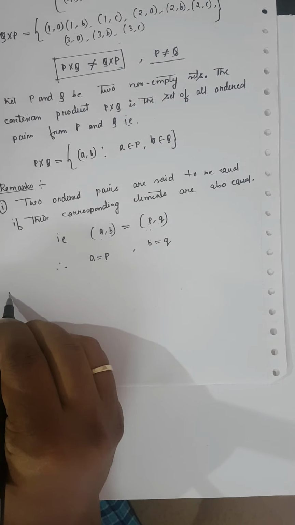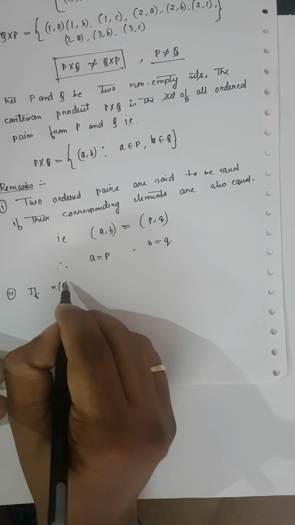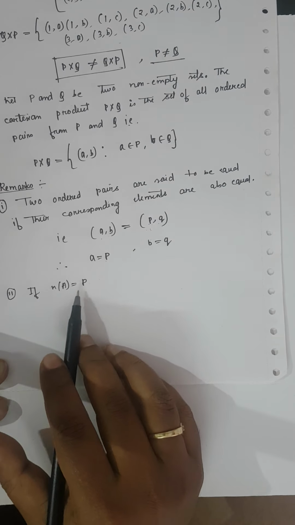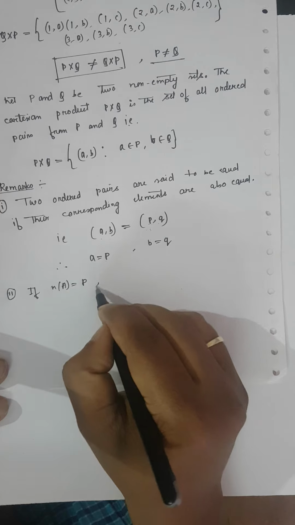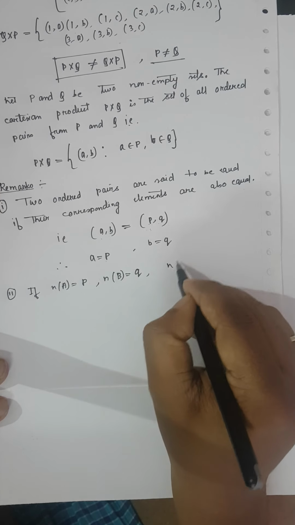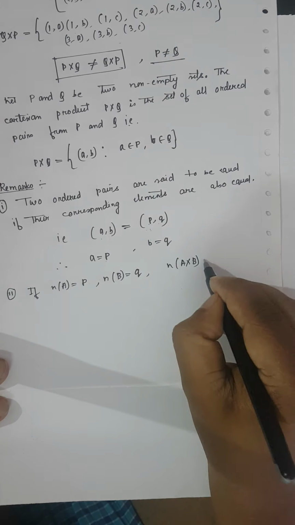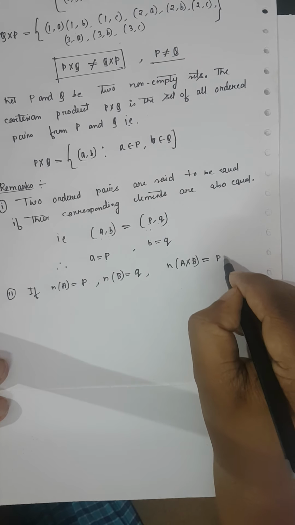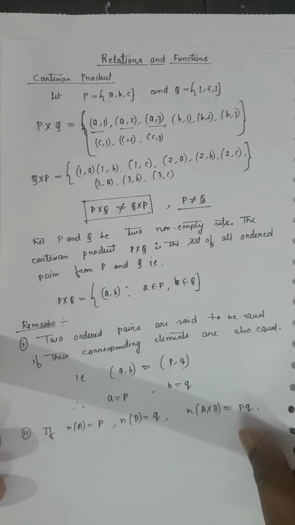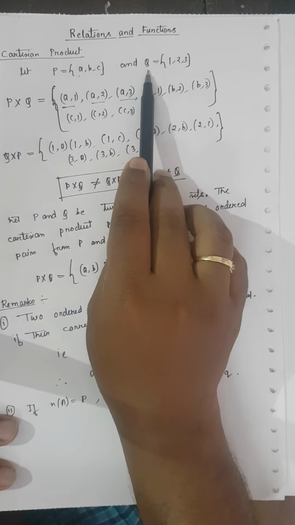Second remark: if n(A) is equal to p, that is, if capital A has p number of elements and capital B has q number of elements, then the Cartesian product A cross B will have p into q number of elements. See here in the earlier example, set P has 3 elements and set Q has 3 elements.